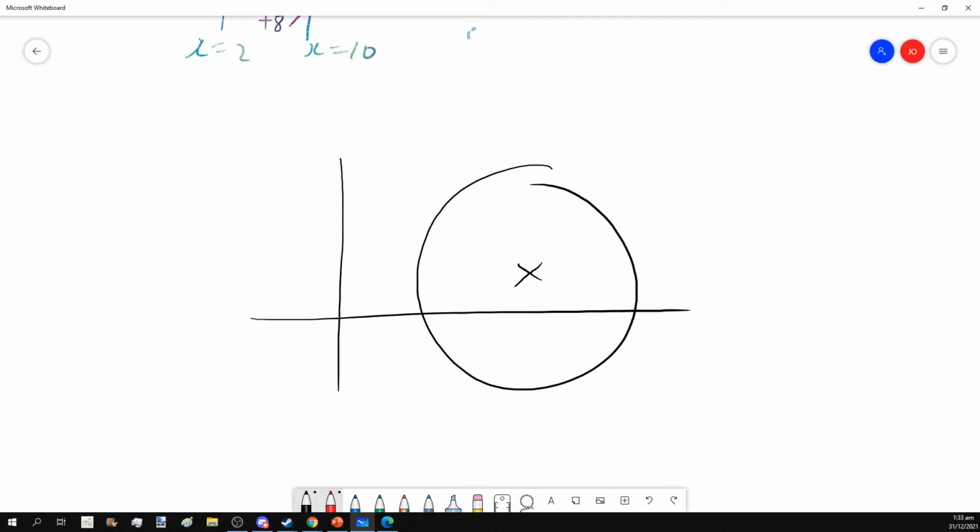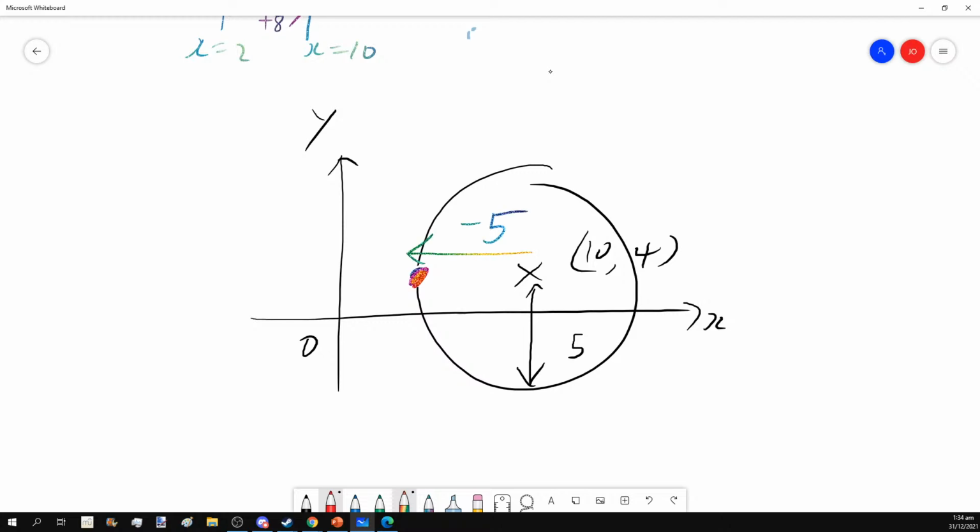We have a radius of 5, and you want to go as close as possible to the y-axis. Very obviously, it will be this position over here, and we will therefore travel 5 units to the left, which gives us 5, 4. The height does not change, and that's why we get 5, 4 as the answer.